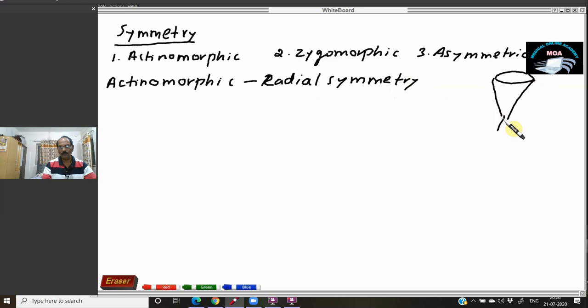The example is hibiscus, with petals, calyx, androecium and gynoecium. When you cut along any radius, this radius or this one, it gives two equal parts. Such a flower is known as an actinomorphic flower. Hibiscus is a good example, called Jaswandi in Marathi.